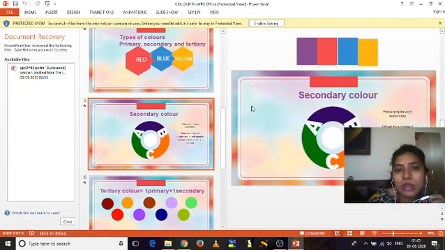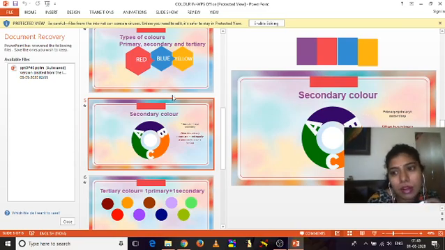Then moving to the secondary colors, we have violet, green and orange color. So basically secondary colors are made out of mixing two primary colors. That means when we mix two primary colors, we get one secondary color.